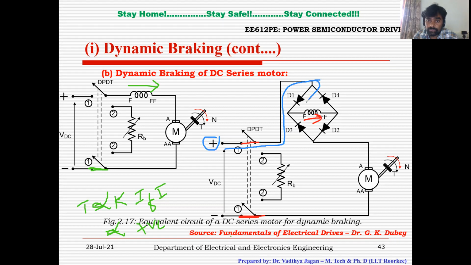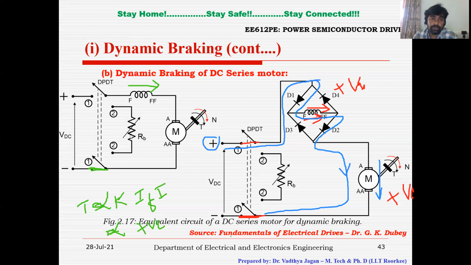So it will take the path through D1, the field winding FF, and through D2 and the armature like this. There is a closed path for the current to flow, right? You can see the direction of current in the armature is from A to AA, whereas the current direction in the field winding is from F to FF. So if this is the case, both currents are positive, so you will get positive torque and the machine will operate in first quadrant.